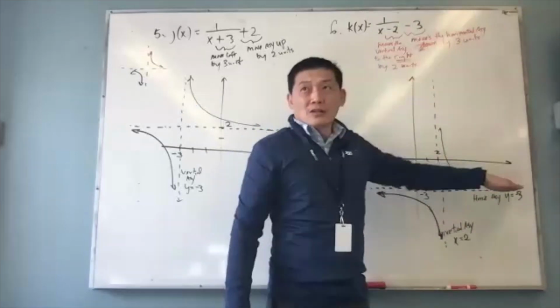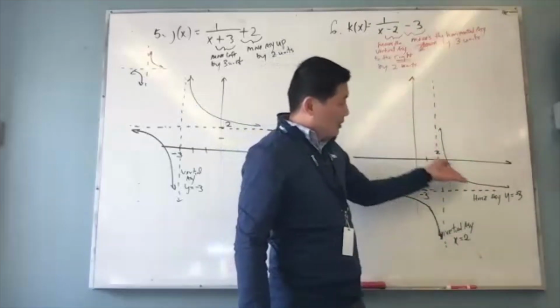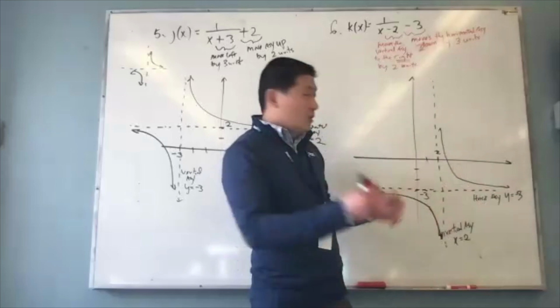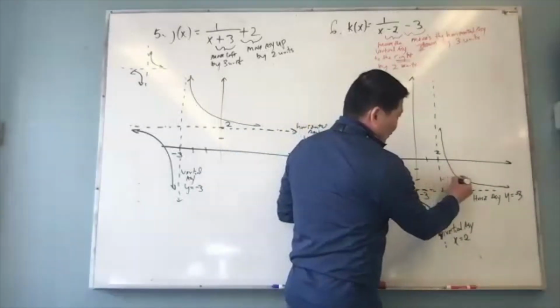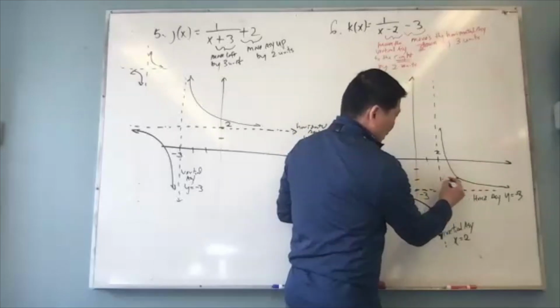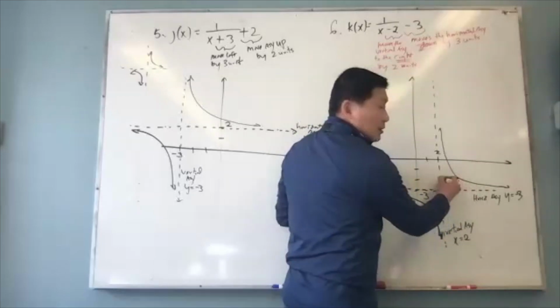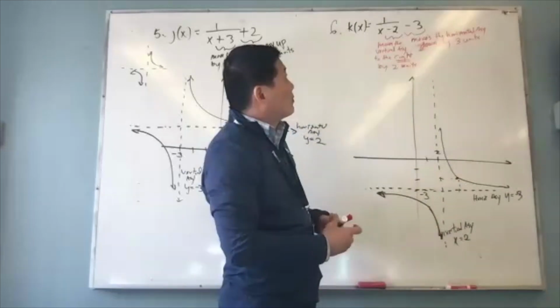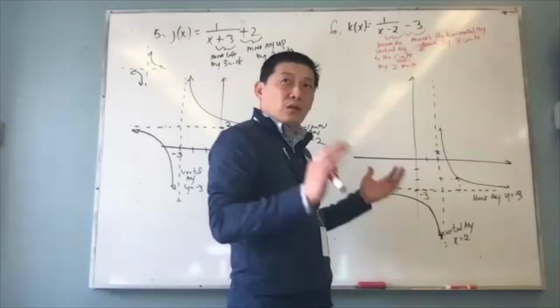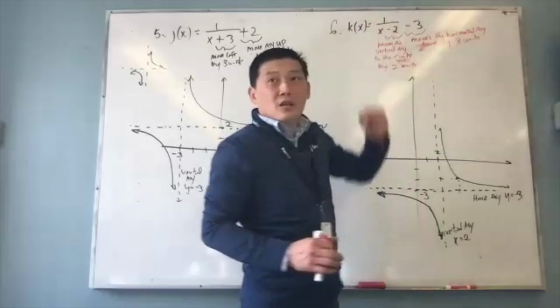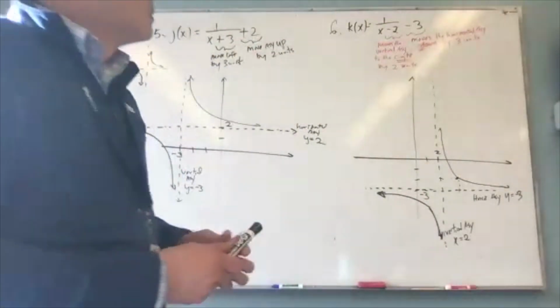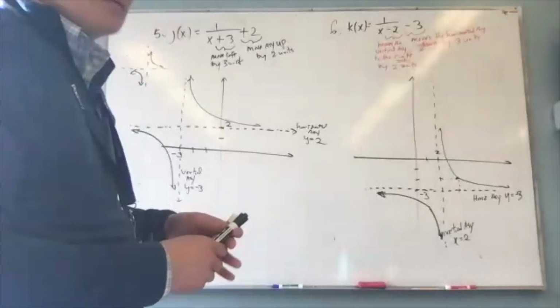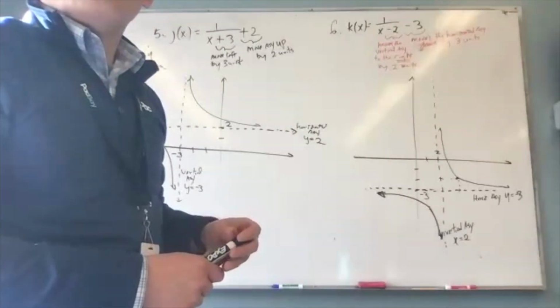So you draw the 2 asymptotes, and then you have the basic shape. The basic shape is still 1 unit, 1 unit. It's the same shape because of the 1 on the top. Instead of being in these two, it's now in these two.